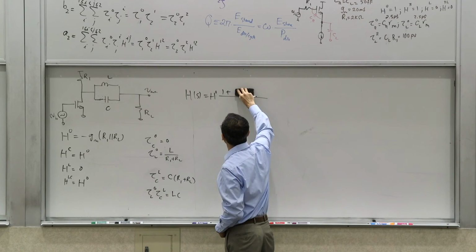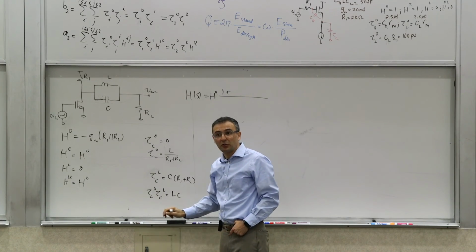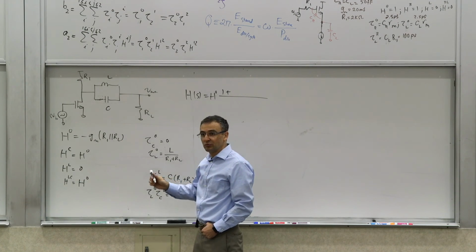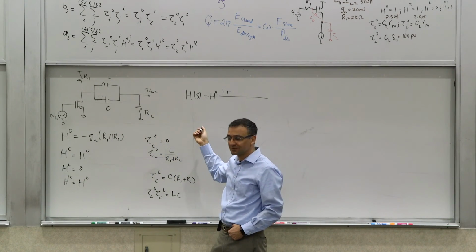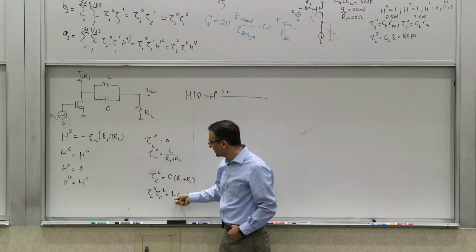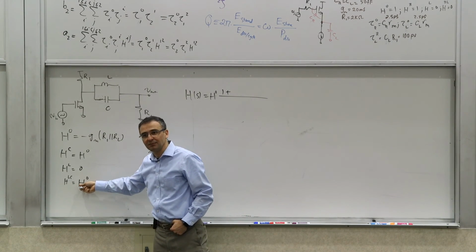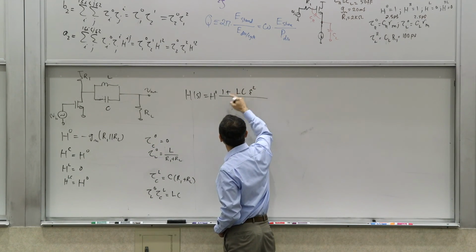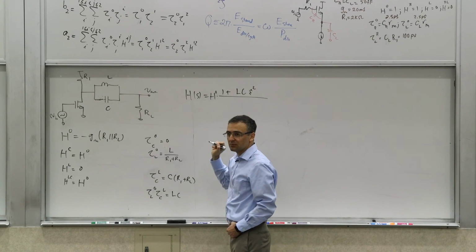So I don't have A1. Does it mean that I don't have an A2? Not necessarily. Some of the intermediate ones could be 0. So how about A2? A2 is going to be this product times HLC, which is H0. So what is left is going to be LC S squared, because I factored the H0 part of it.